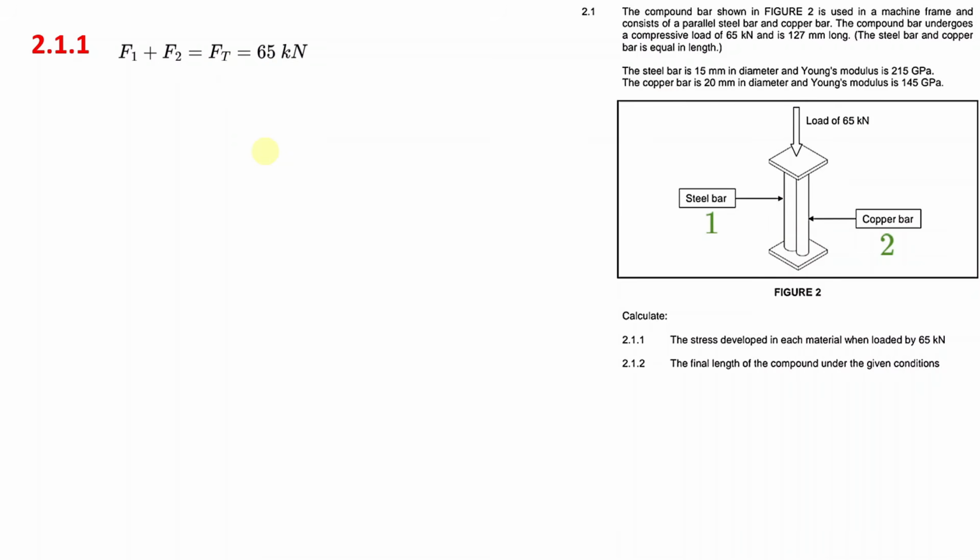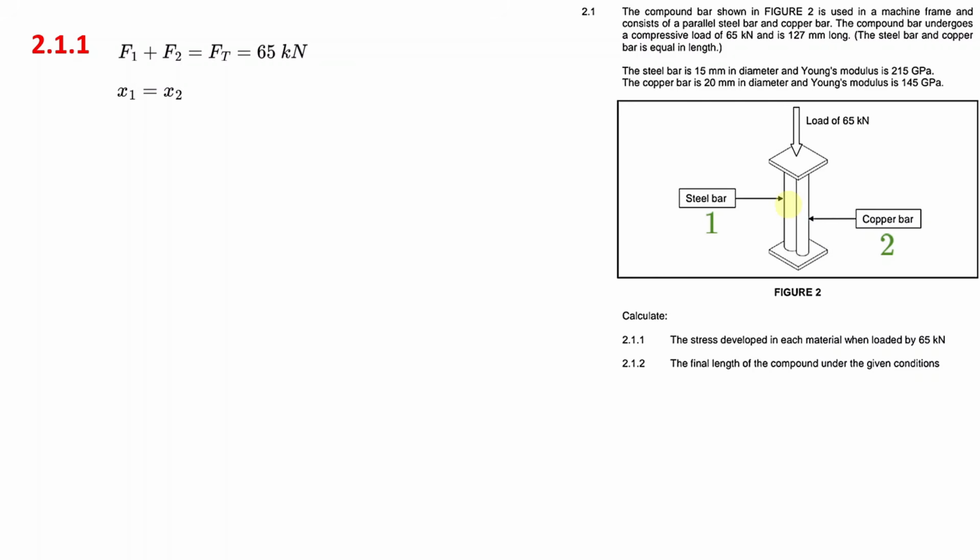Now, if you look at it carefully, you will see that these two bars are in parallel. They're not in series. The steel bar and the copper bar are in parallel. And because they are in parallel, when you compress them, they will both shorten by the same amount.